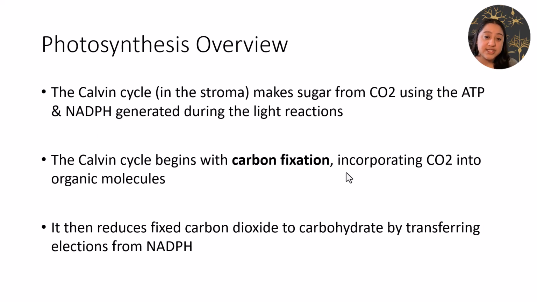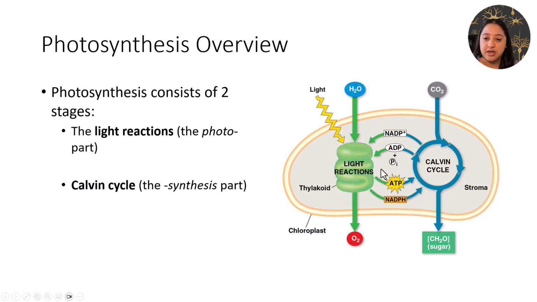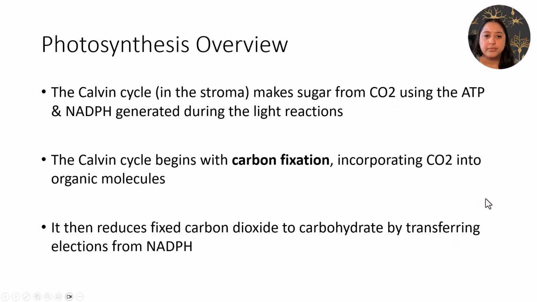And so the Calvin cycle, which is part 2, happens just in the stroma, so in that fluid environment inside the chloroplasts. It makes sugar molecules from carbon dioxide using the ATP and NADPH made during those light reactions.